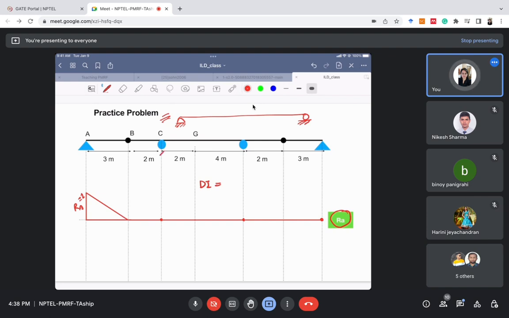We have added one support, support C, and we have added another support, let's call it H. So now what is the degree of indeterminacy? Earlier it was statically determinate, that is, the degree of indeterminacy was 0. Now we have added 2 more restraints, so the degree of indeterminacy becomes 2.